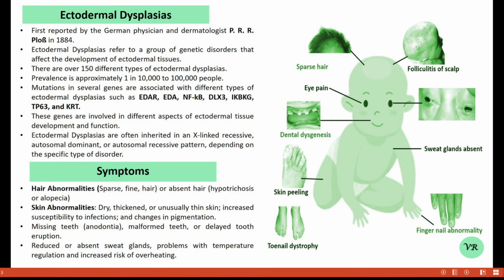Genetic testing can help identify specific mutations and guide diagnosis and management. Ectodermal dysplasias are often inherited in an X-linked recessive, autosomal dominant, or autosomal recessive pattern, depending on the specific type of disorder.